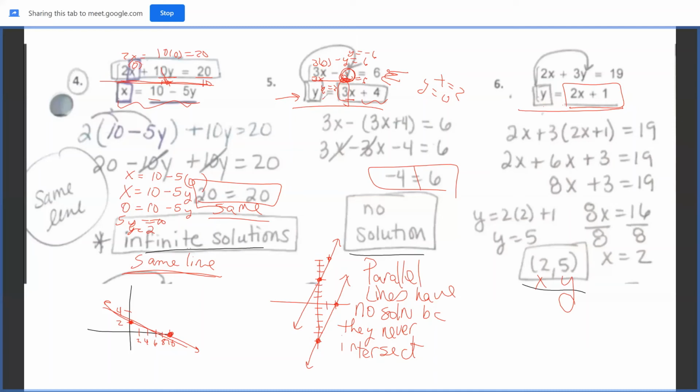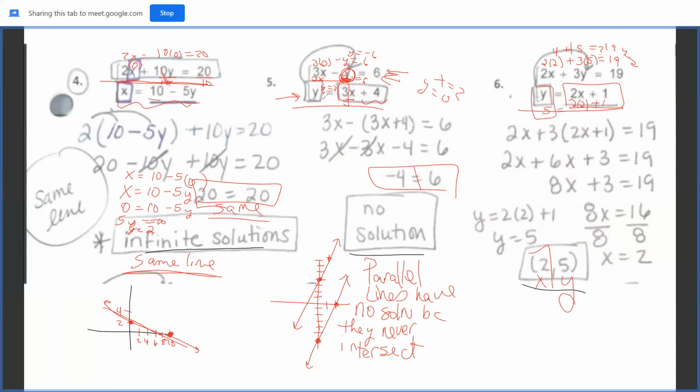If you substitute 2 for X right here, and you substitute 5 for Y, will you get 19? The answer is 4 plus 15 is 19. Yes, it works for one, it's got to work for both. So we look at the second equation. 2 times 2 is 4, plus 1 is 5.